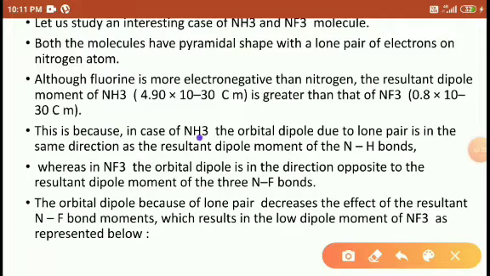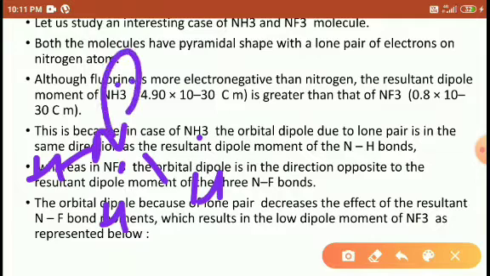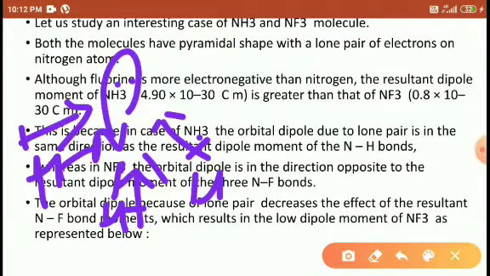When we compare the nitrogen and hydrogen bonds, hydrogen is less electronegative than nitrogen, so hydrogen is positive and nitrogen is negative. Again here, hydrogen positive, nitrogen negative, and the same for the third. Right students?